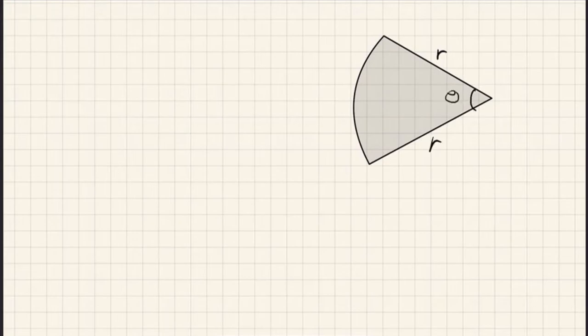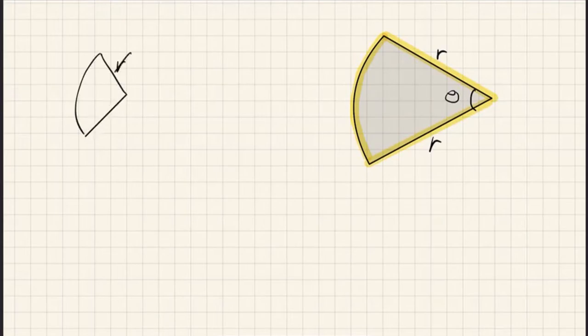This is named a sector, which is a part of a circle cut through, and it has to be bounded by an arc, which is a part of the circumference of the circle, and 2 radii. This is a sector. Any other part of the circle is not a sector. For example, suppose I have a circle and I cut this piece.